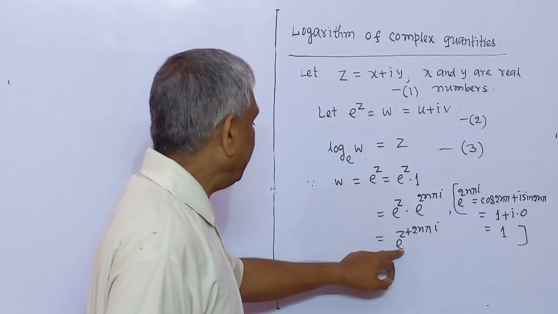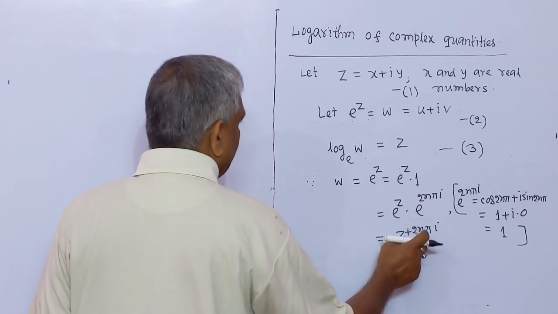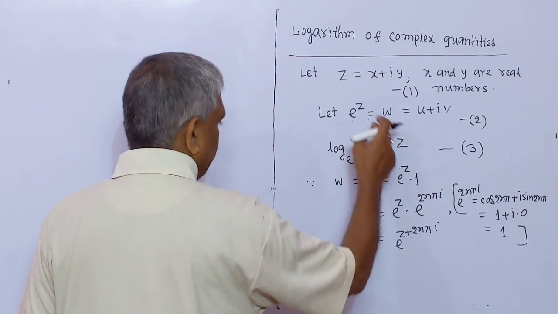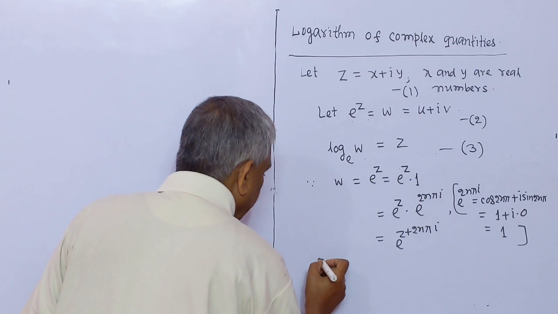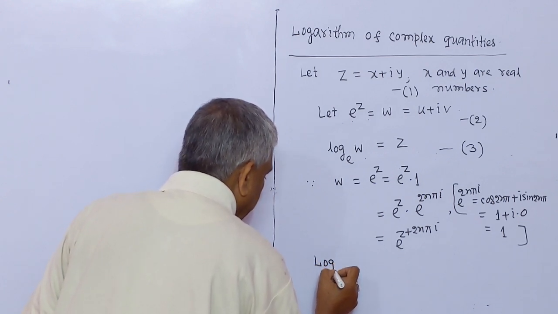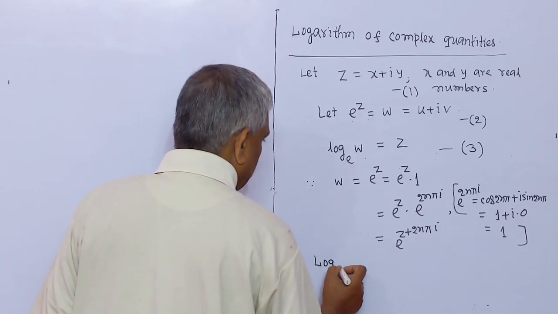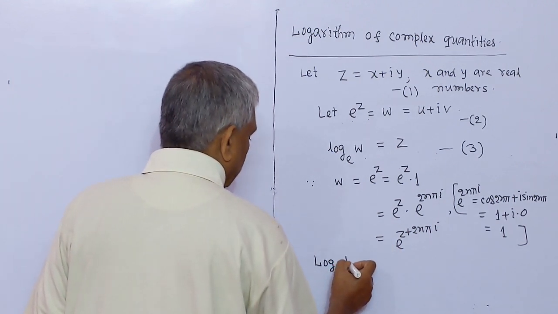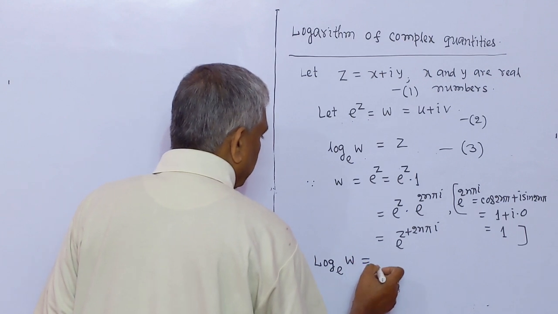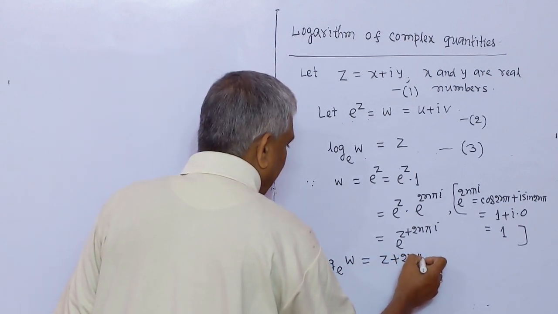Here we write logarithm, but the value of the index is different, so we use capital LOG, base e w equal to z plus 2n pi i.